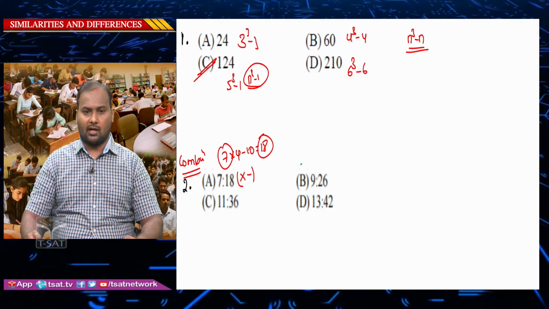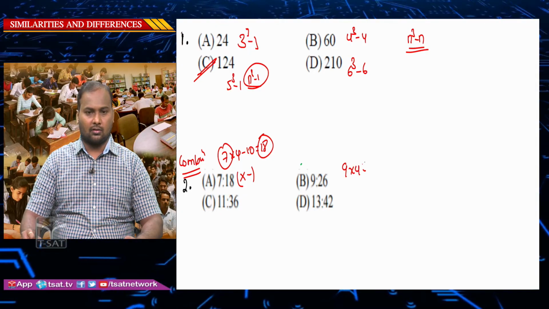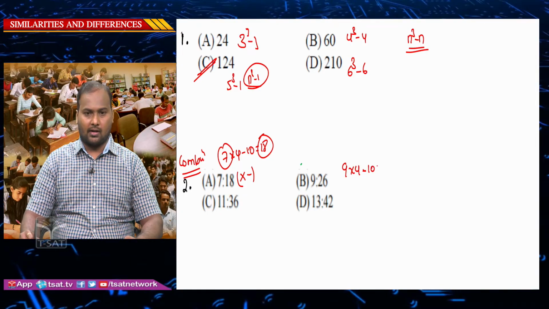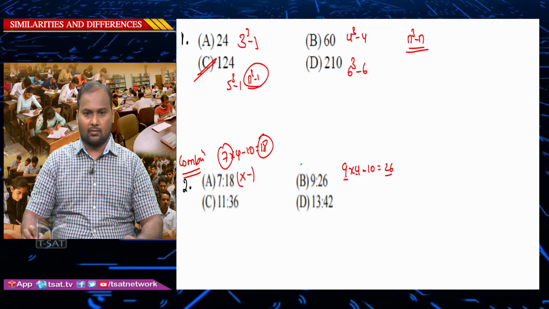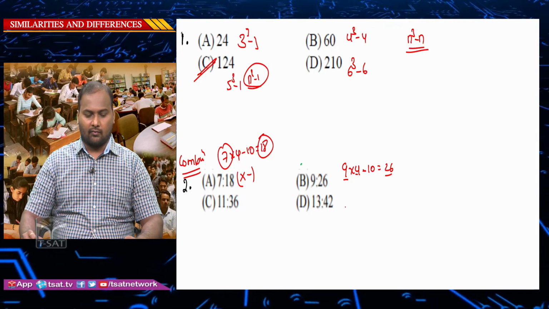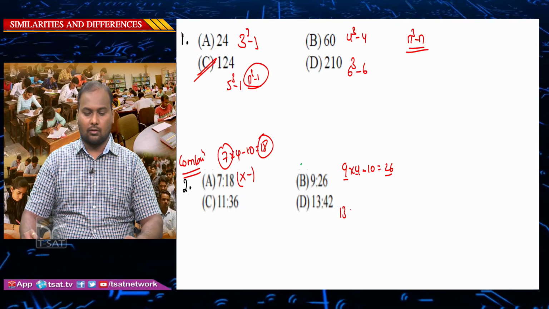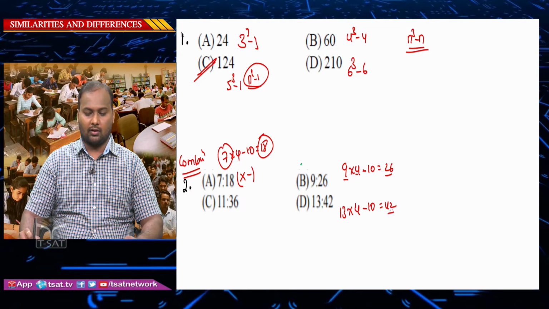In the same way you see 9 and 26. I can write 9 four times is 36 minus 10. Then we are going to get 26. Then also here the combination is multiplication and subtraction. In the same way, here also 11 four times minus 10 is equal to 36, and 13 four times minus 10 is equal to 42.